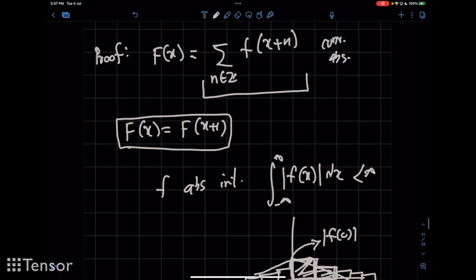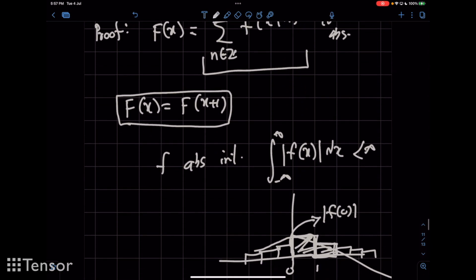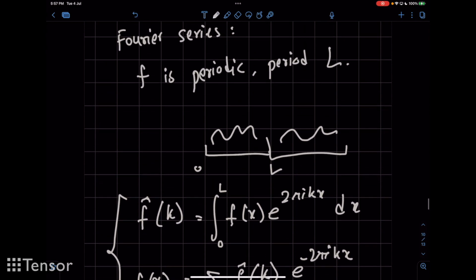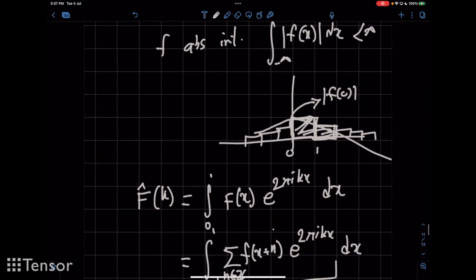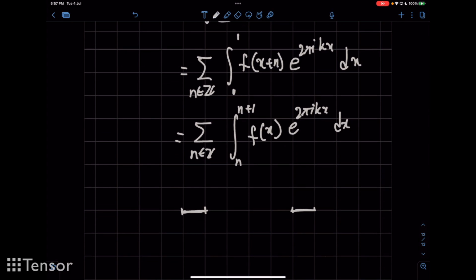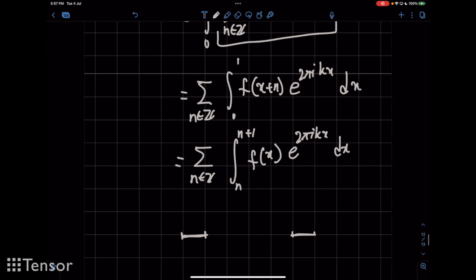Did I make the mistake earlier? No, the earlier versions are fine, I think. Yeah, the integrals are over x. I'm sorry. Okay. Well, that's a very good point, but actually I don't need to change it because n is an integer.